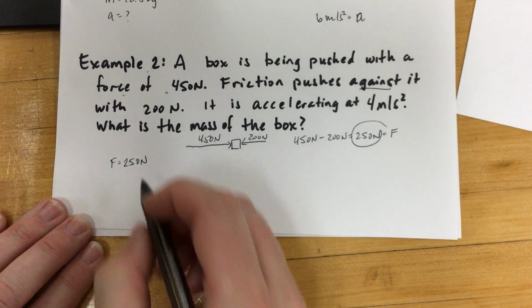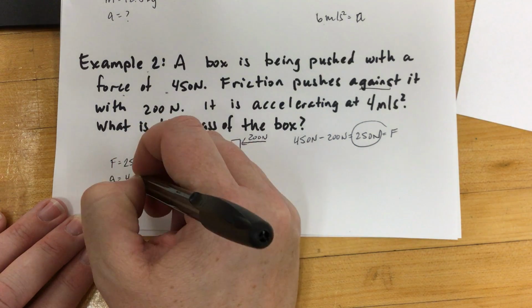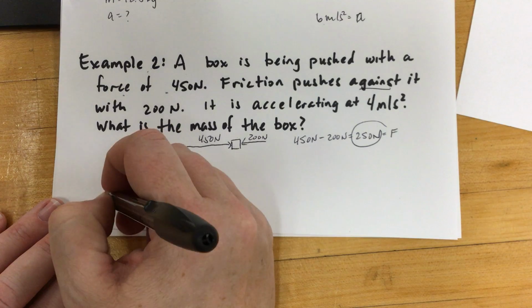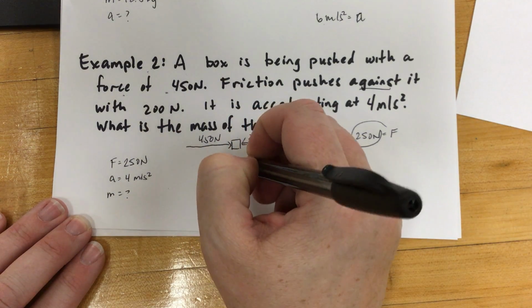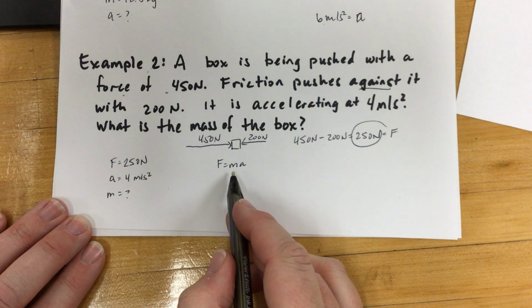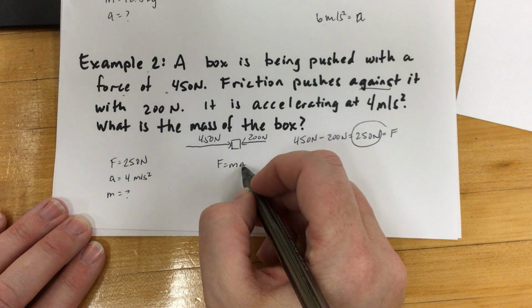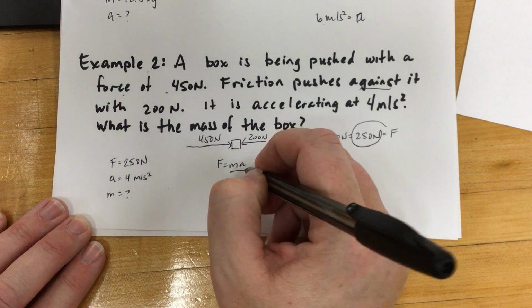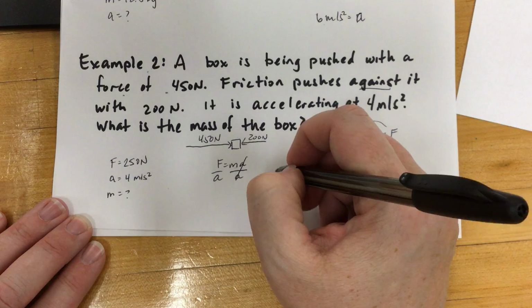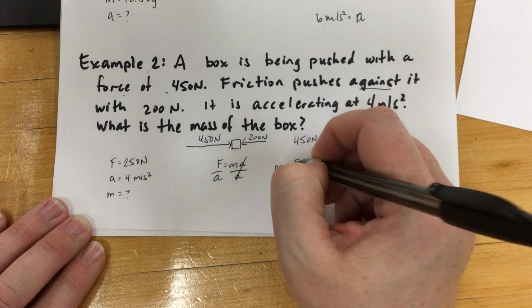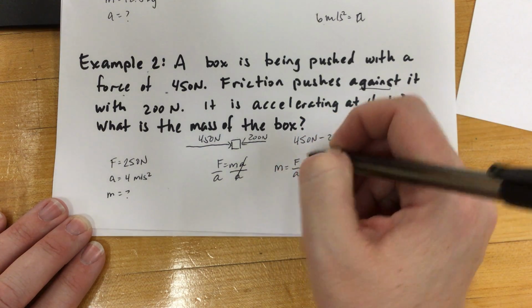And then we have that it's accelerating at 4 meters per second squared, and we need to find the mass. Well, again, we start with F equals ma, and this time we want to find the mass. So right now mass is being multiplied by a, so to reverse that I need to divide and cancel out there. So I have m equals force divided by acceleration.